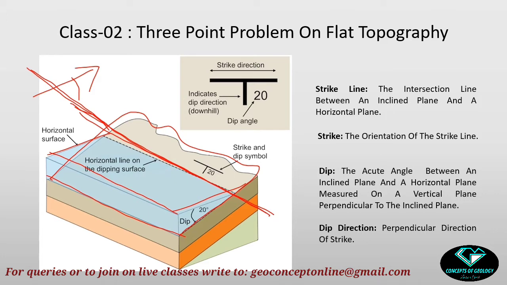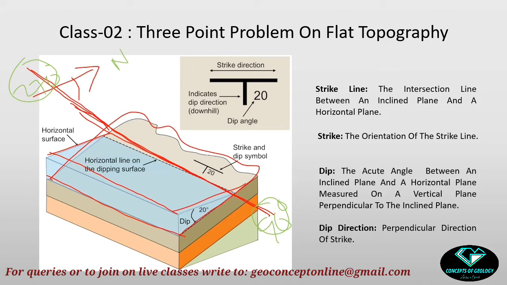As I have drawn the figure, it seems like the angle will be 90 degree. So this end of the strike will be 90 degree, and if this end of the strike line is 90 degree, this end will be 270 degree. That means this is the north, and my inclined plane is striking east west.